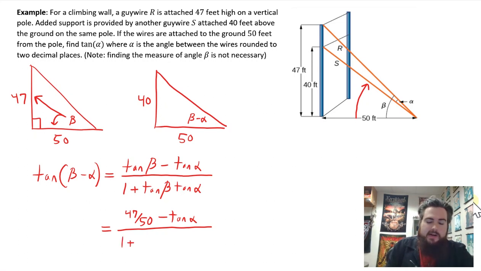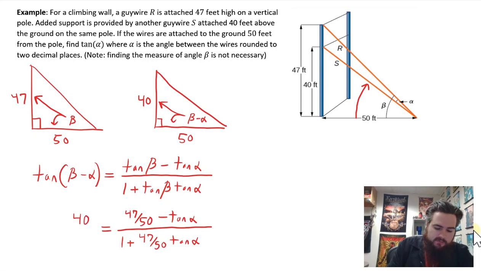But I know tangent of beta in the denominator should also be 47 out of 50. I do actually also know the left side of this equation. Tangent of beta minus alpha, that's the opposite and adjacent within that second right triangle. I know the other side should be 40 over 50.